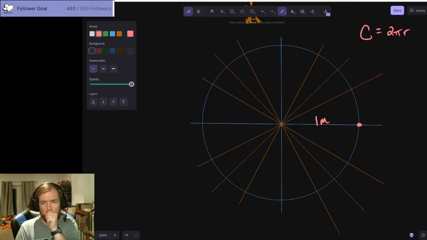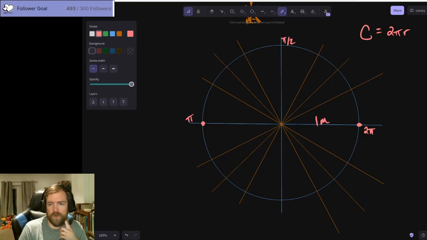But let's jump to the chase here. If we just have this be 1 meter, then the circumference is equal to 2 pi meters. If we only go halfway around the circle, that's pi meters. If we go half of that again, we get pi over 2. Opposite that, we get 3 pi over 2. Aha!